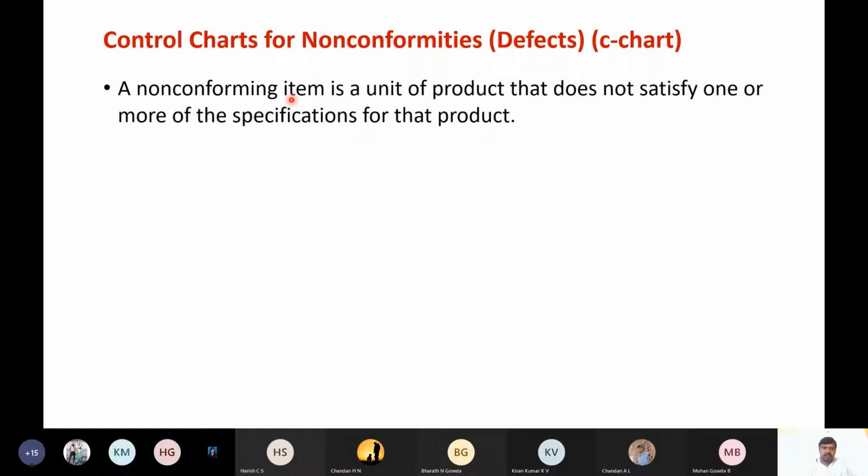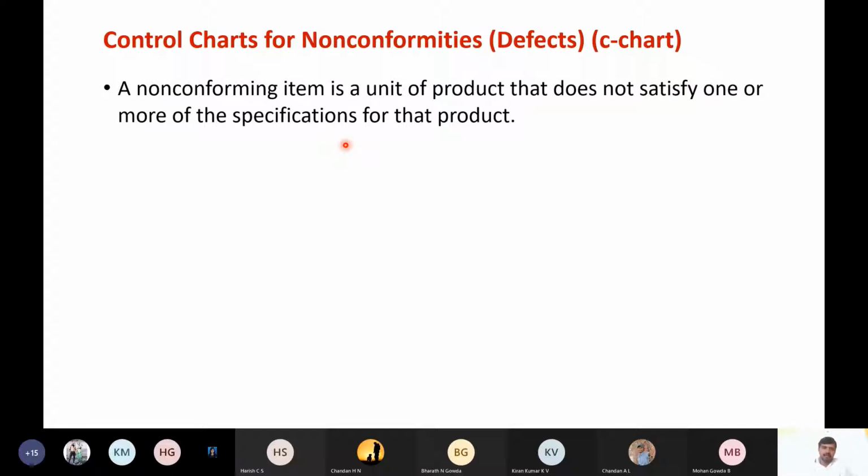A non-conforming item is a unit of product that does not satisfy one or more of the specifications for the product. In order to say the product is defective or non-conforming, we need to consider a few aspects. It may be based on particular quality characteristics or specifications.